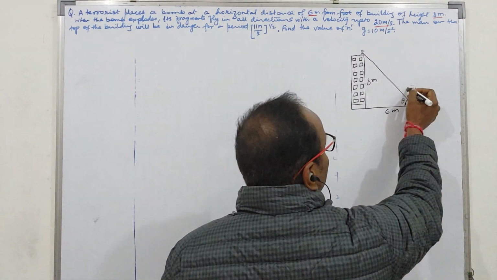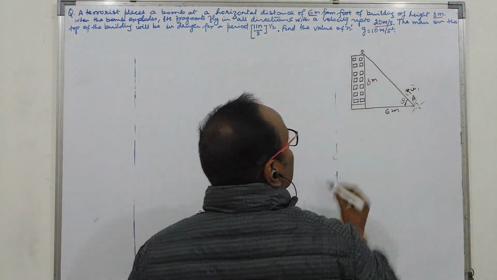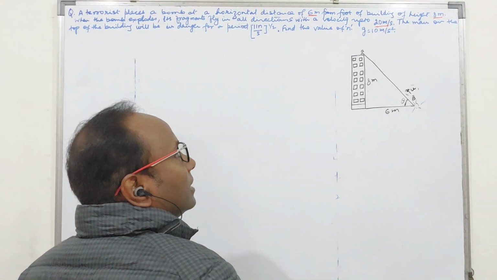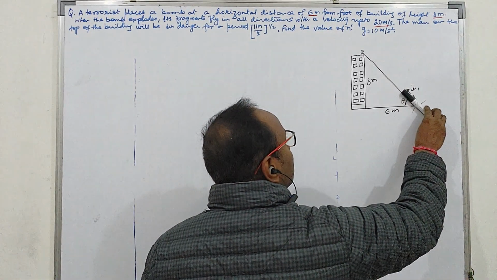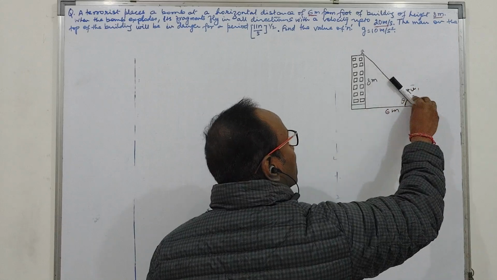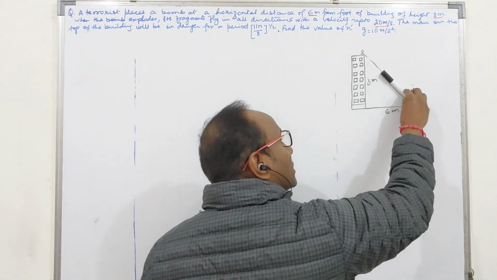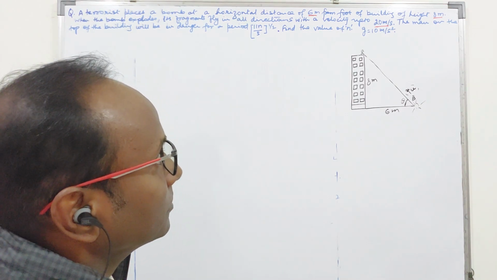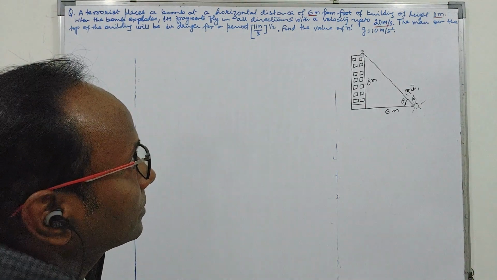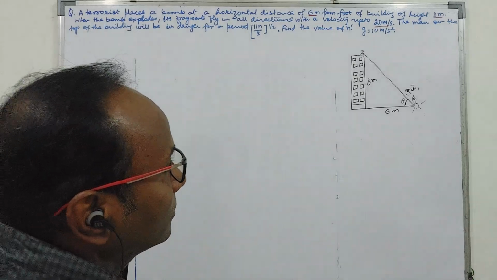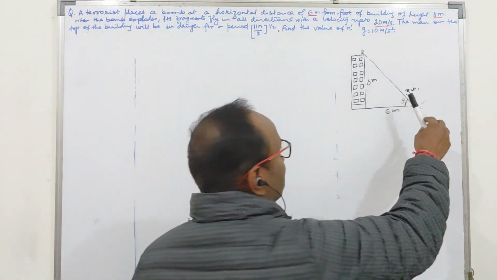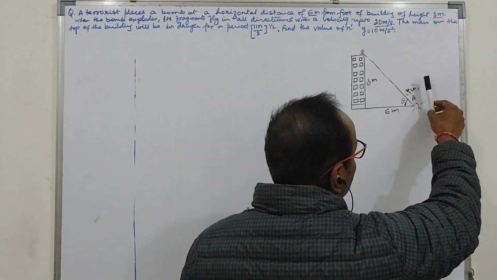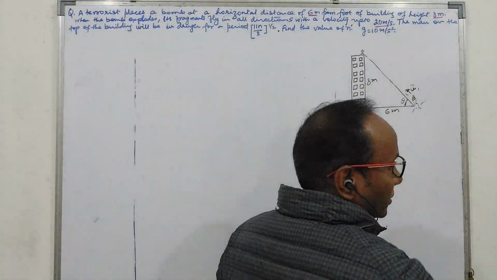So for this fragment to hit this man, it should reach here, not through a path I should say, because it will be a kind of projectile motion.